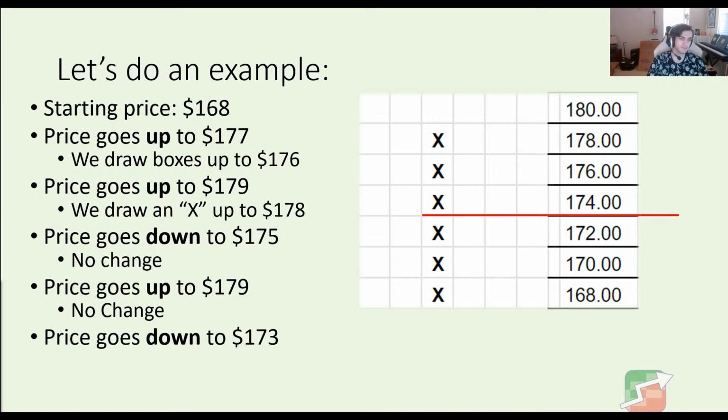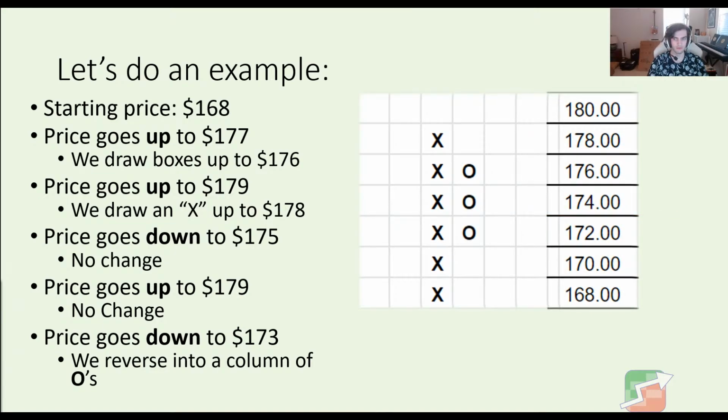Now, the price goes down to $173. 173 is between 172 and 174. So it would be right here below our red line. So because of that, we would reverse into a column of O's.